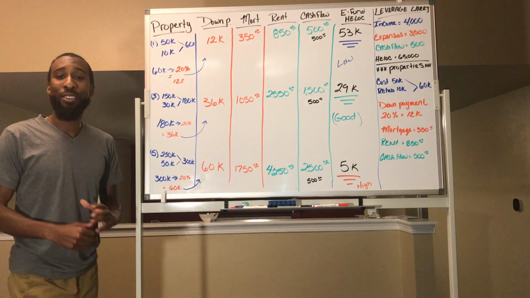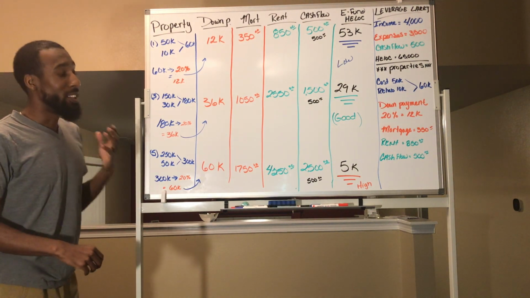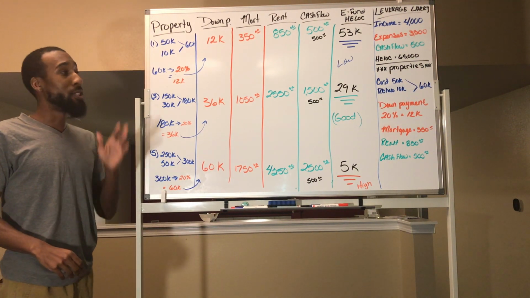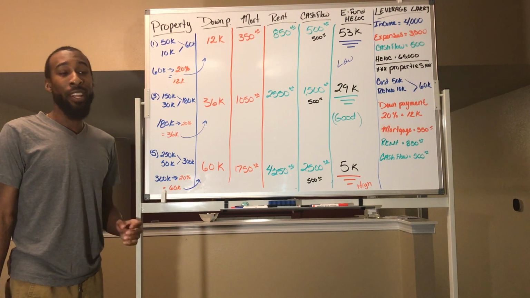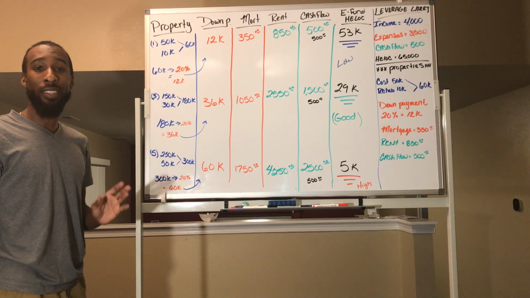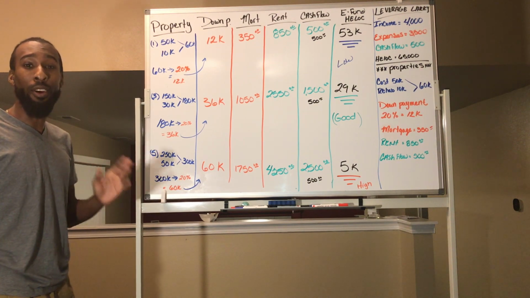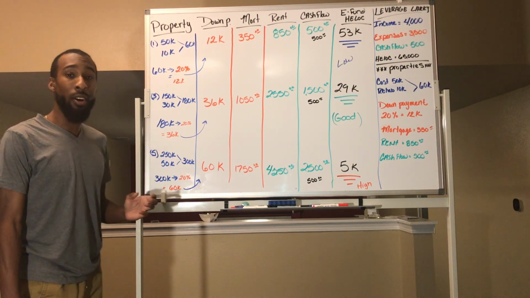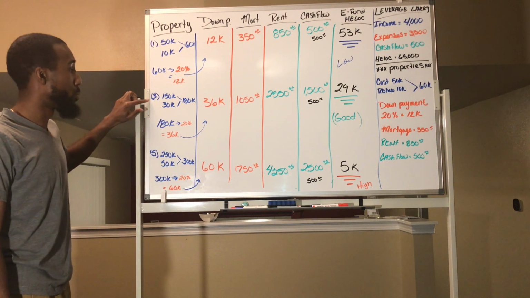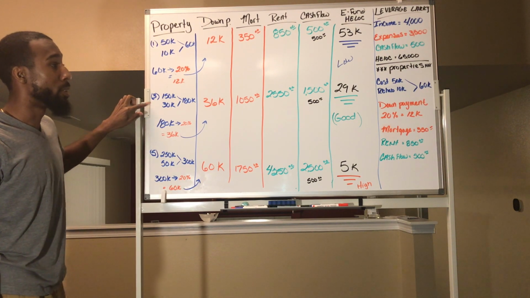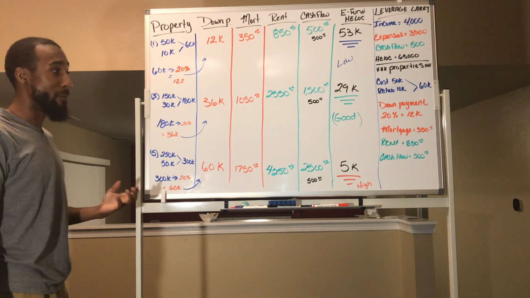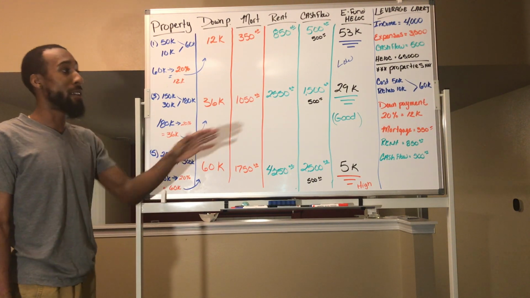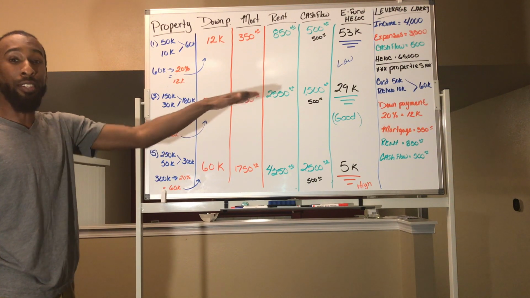Now, since we have an understanding of leveraging the bank's money using the home equity line of credit to invest in real estate, there are some key things that I want you guys to take note of. So we're going to go back to the 3 properties which would be a good leverage for the average person because you have money to work with just in case.